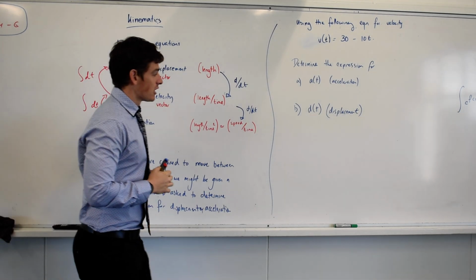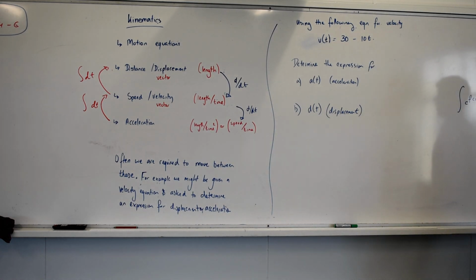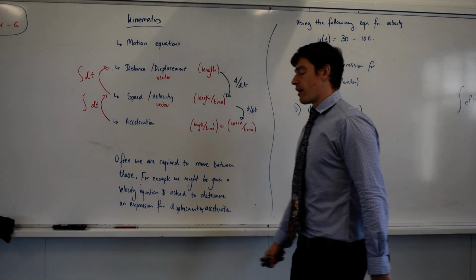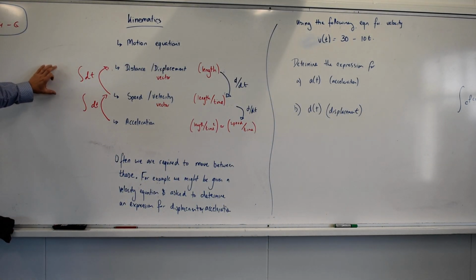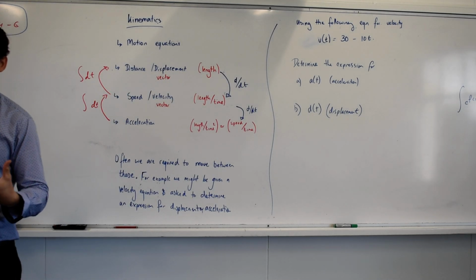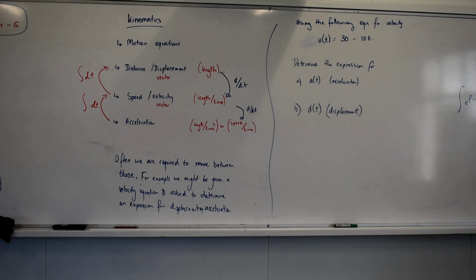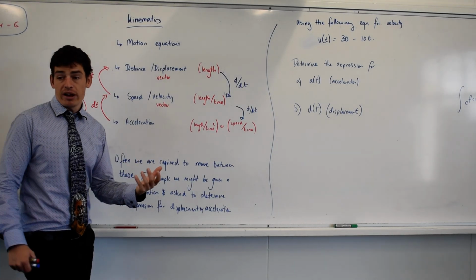Now we're probably at the point that I'd make a note of those little arrows. If we're going down the ladder, we're deriving. If we're going up the ladder, we're integrating. Again, if we understand the concept, we don't need to try and rote learn this. We know that length is measured in meters or centimeters. We know that speed is measured in kilometers per hour, meters per second, correct?